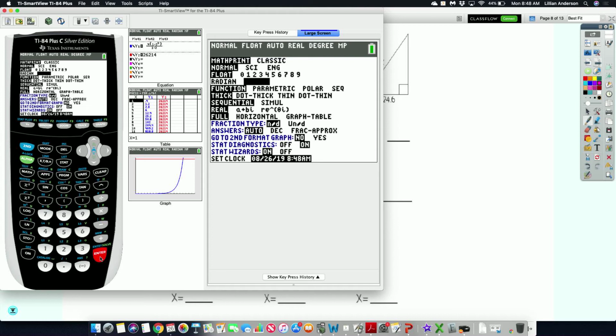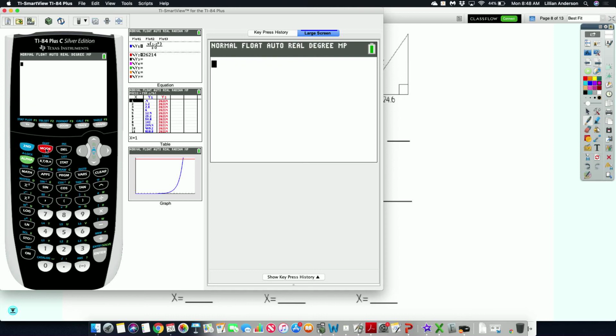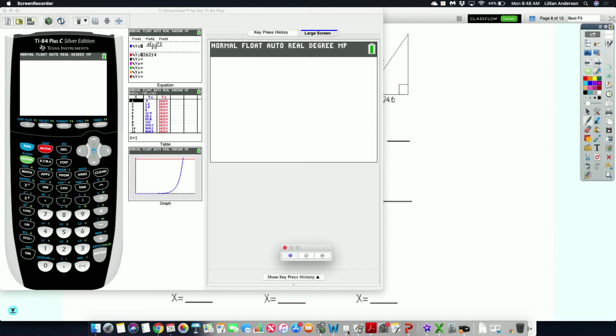Okay? So now I need to get out of this. Anytime you're in a program, something outside the home screen, you want to press second mode, and it takes you back to your home screen. So it basically quits out of the program. Everyone okay? All right. So now, remember we wanted to figure out 11.2 cosine 36, correct?